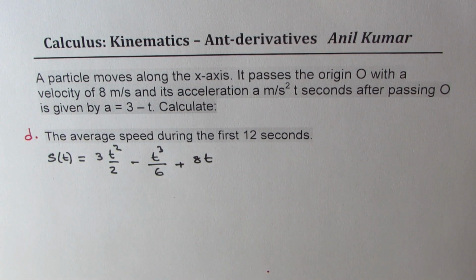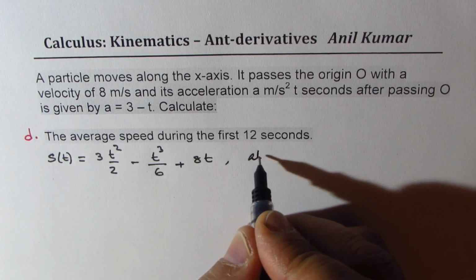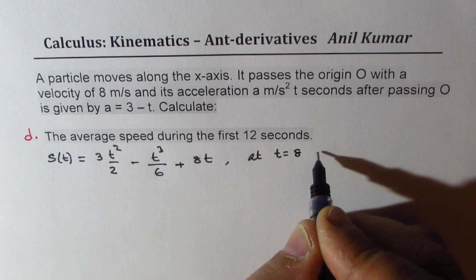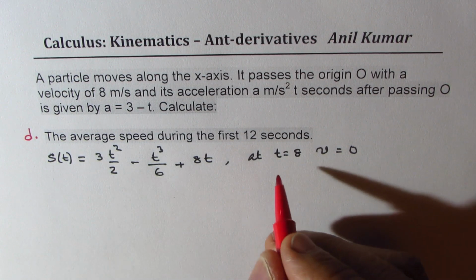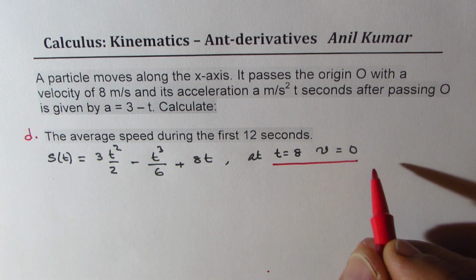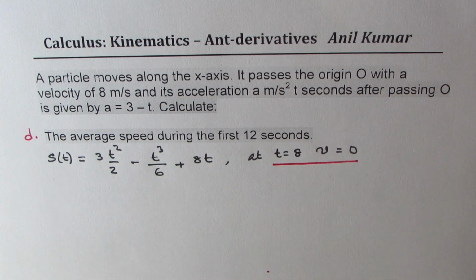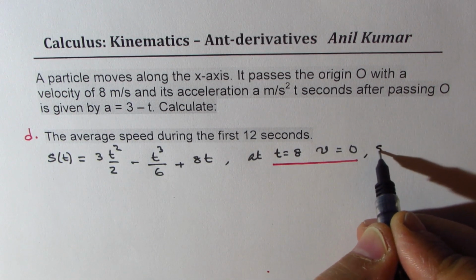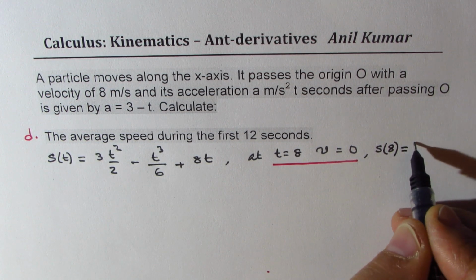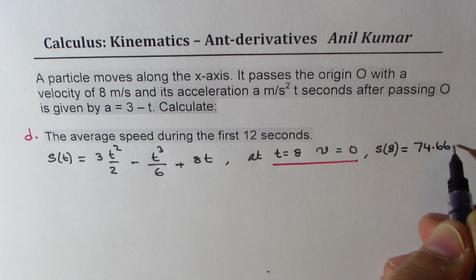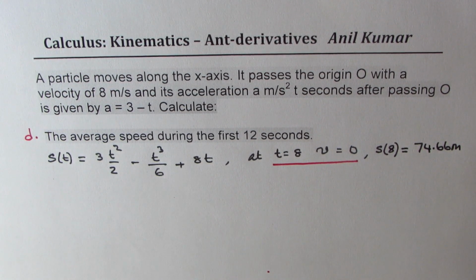And we also found that at t equals 8, velocity equals 0, right? So that is a very critical piece of information, and that gives you a turning point, right? And at this point, we also calculated that s at t equals 8 is equal to 74.66. Correct? So this is what we did in part C.